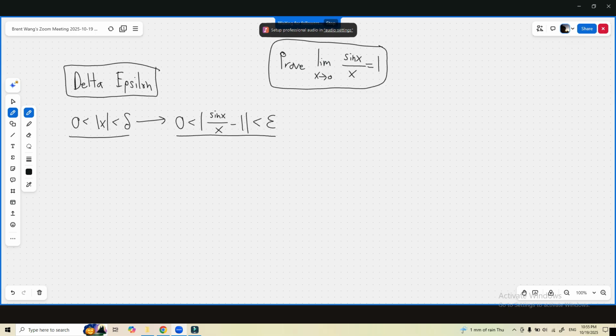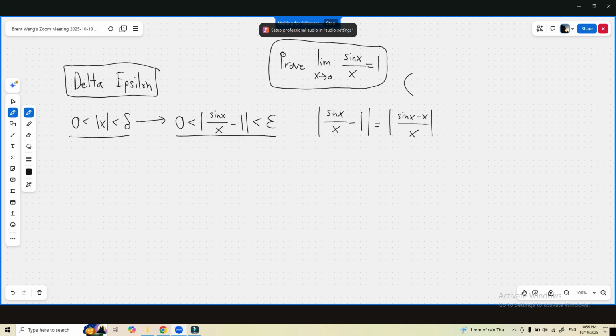So the first thing I'm going to do is look at the absolute value of sine x over x minus 1. This is equal to absolute sine x minus x divided by x, because x over x is just equal to 1.